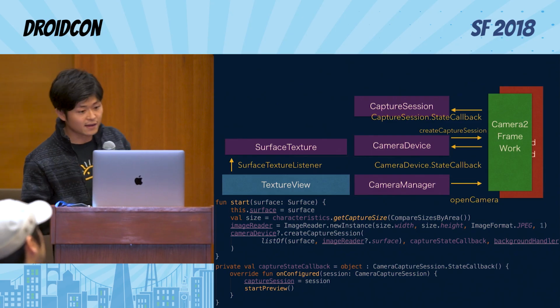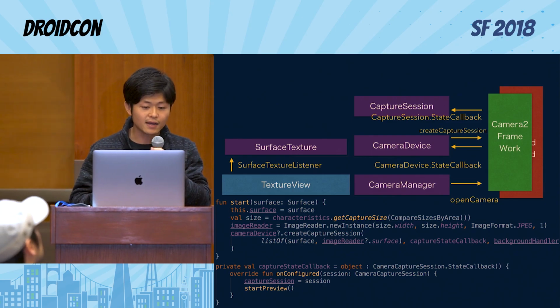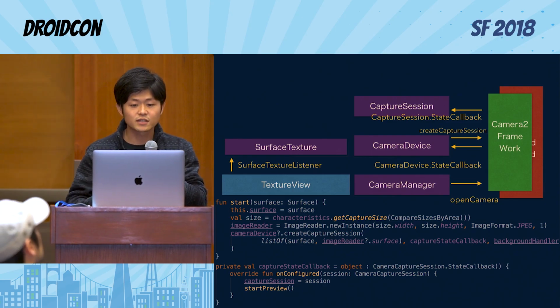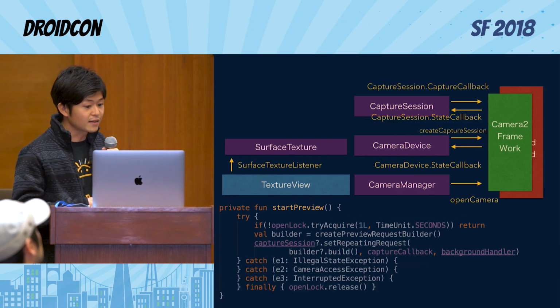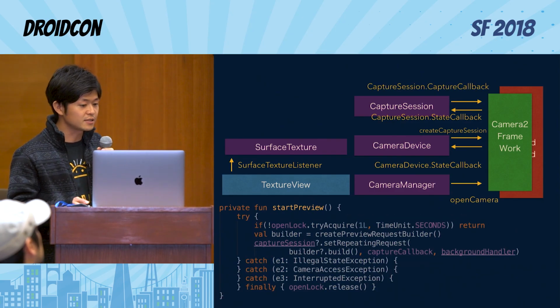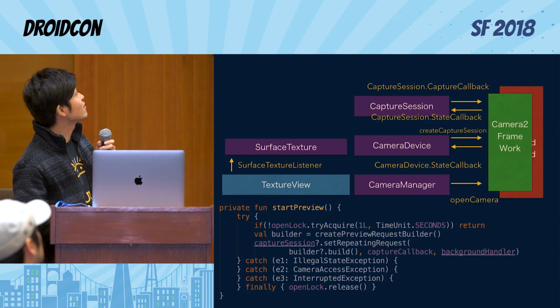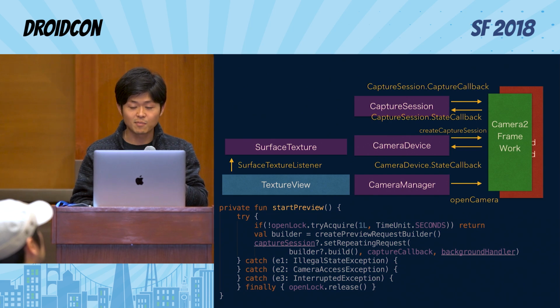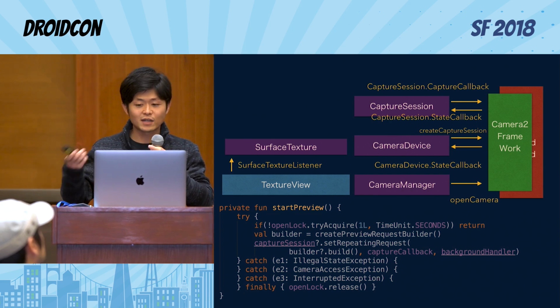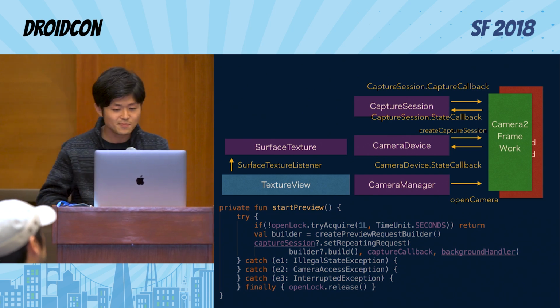And then a callback comes back again, which is the capture session state callback. And finally, we're ready for the preview capture session. Here we can see there is a four-state callback that we have to listen to. That's pretty big, but we're still at the stage where we just take the preview.